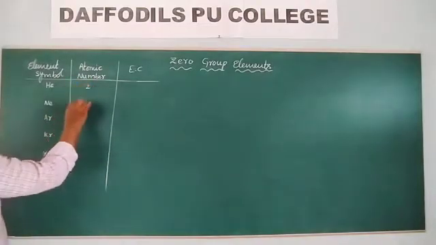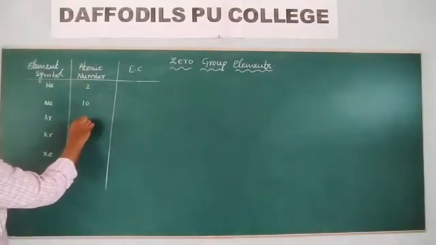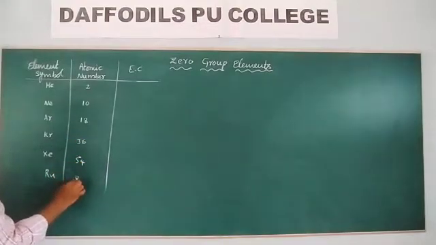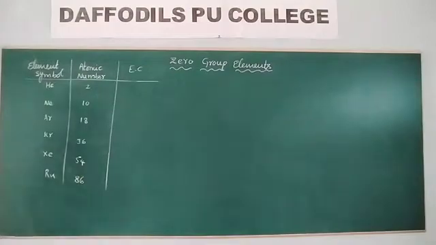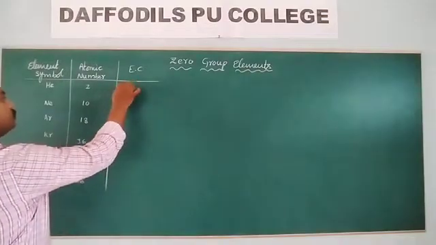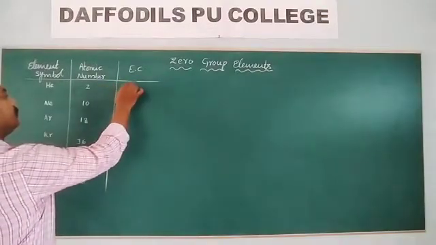Atomic numbers 2, 10, 18, 36, 54, 86. These are the atomic numbers of zero group elements. Electronic configurations.